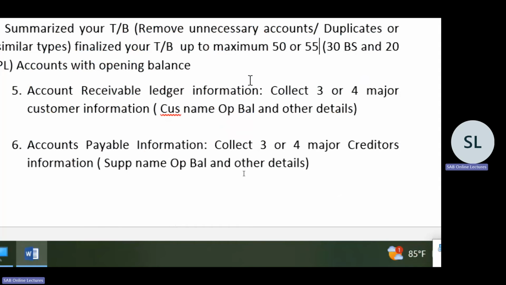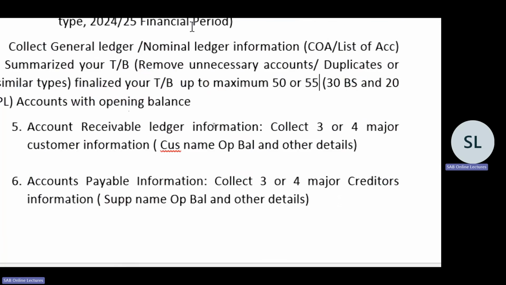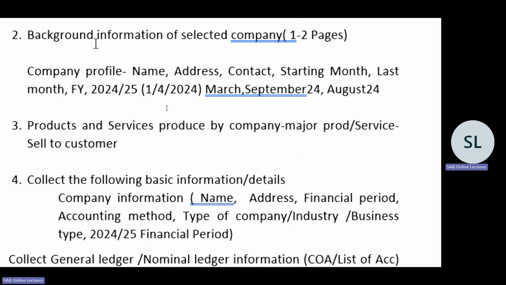This is the project step number 1. It will be given to you in 2 weeks' time. After the election, I will check your detail. You have enough time. Then you have to summarize all these details in a Word document.